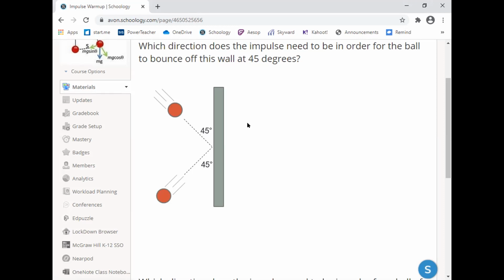Right. So what I could do is I can do some SOHCAHTOA stuff. And the nice thing is that this is a 45, 45, 90 right triangle. If you find one leg, you know both legs, right? But I find the two components, and we know that J is delta P. So that means two things. It means that Jx is equal to delta Px, and that Jy is equal to delta Py.